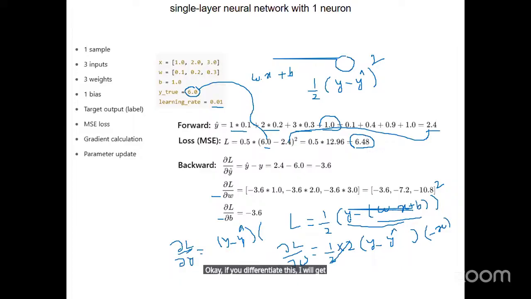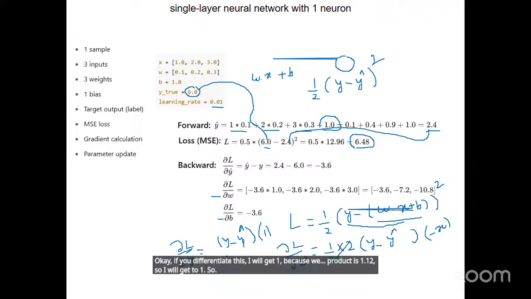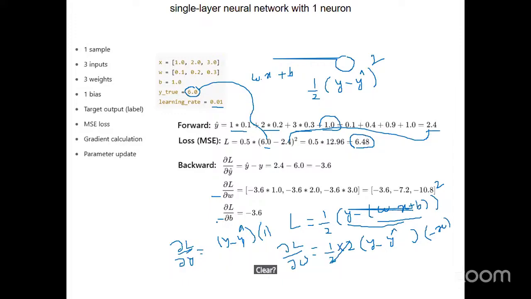So ∂L/∂B equals y minus ŷ. Clear? Y minus ŷ is ∂L/∂Y. This is ∂L/∂W.